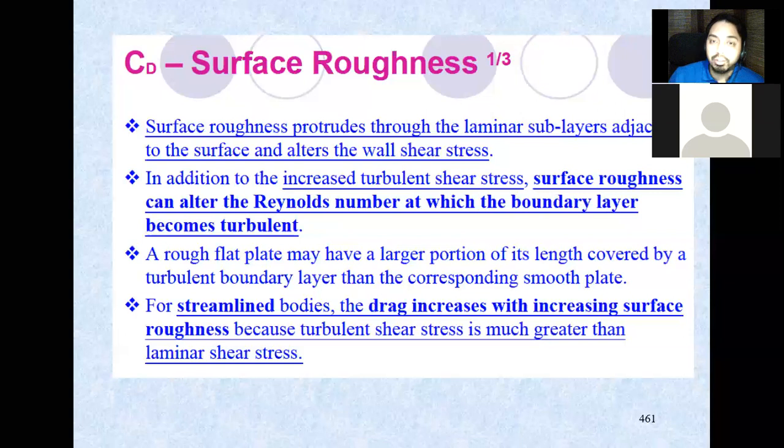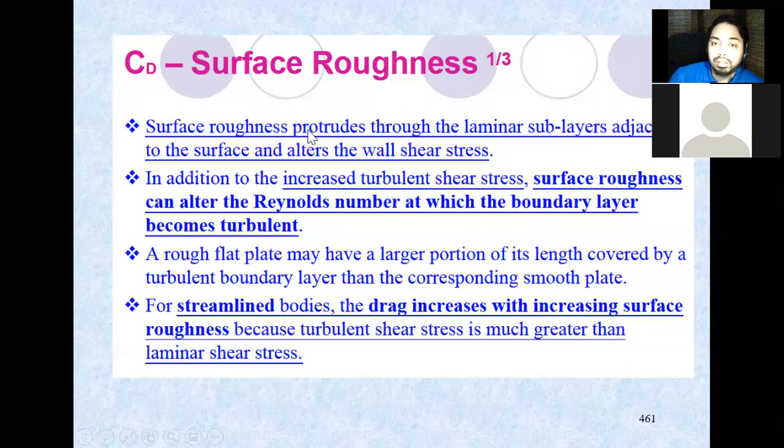So it's not always the case that surface roughness is going to decrease the total drag. It will obviously increase the friction drag, but in some way it may also decrease the pressure drag, so that the total drag becomes less.